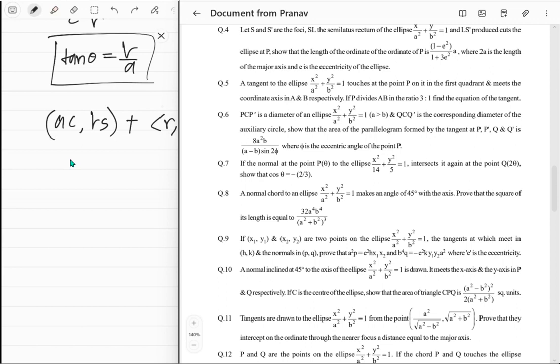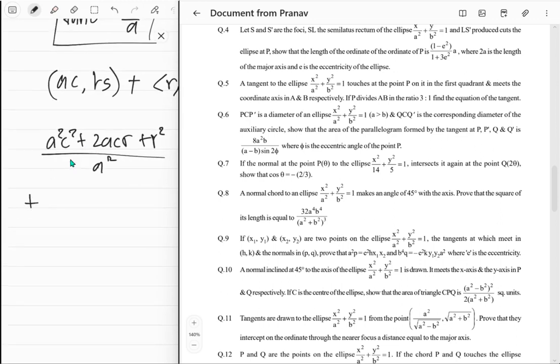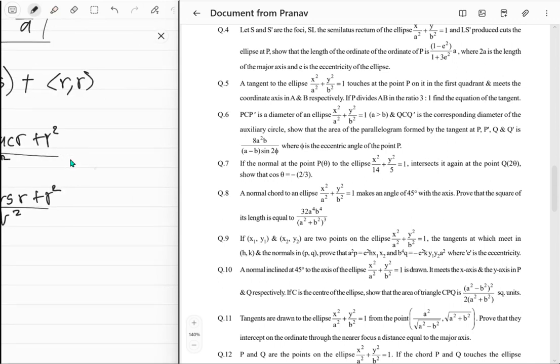So a cosine theta plus r, that thing squared is supposed to be a squared cosine squared plus 2 a cosine r plus r squared, all of that upon a squared, and then plus b sine theta plus r squared upon b squared. Like once again, same stuff. b squared sine squared plus 2 b sine r plus r squared, all of that upon b squared. That has to be equal to 1. So what value of r works?